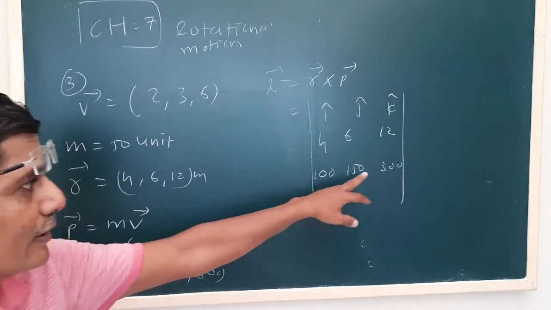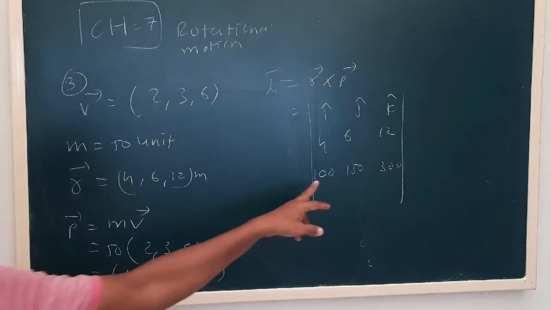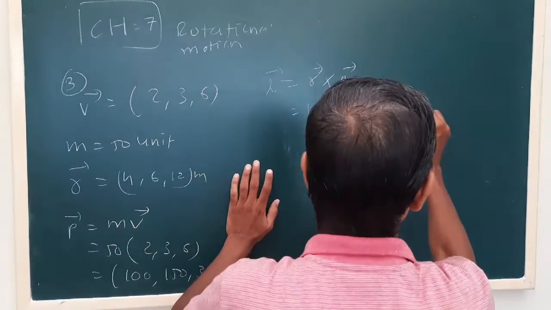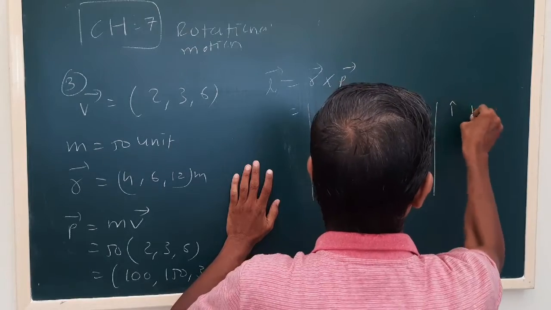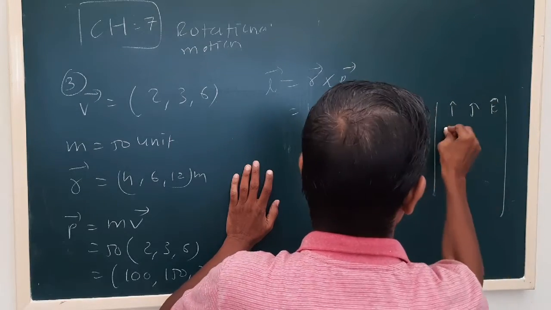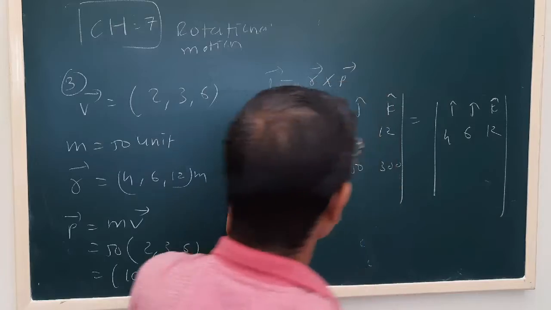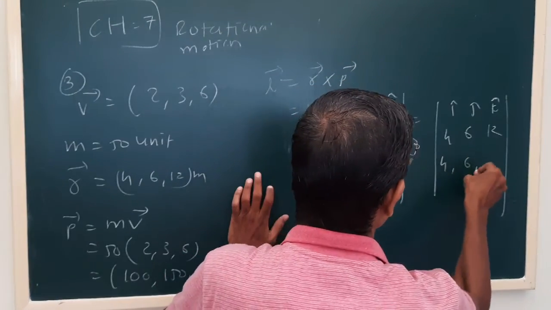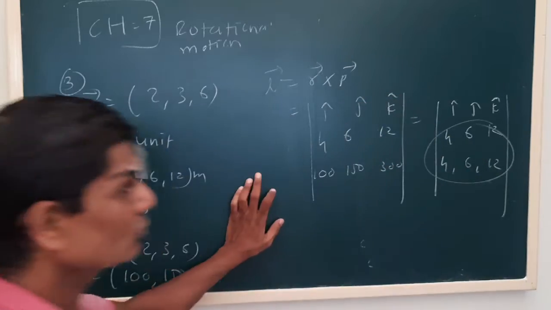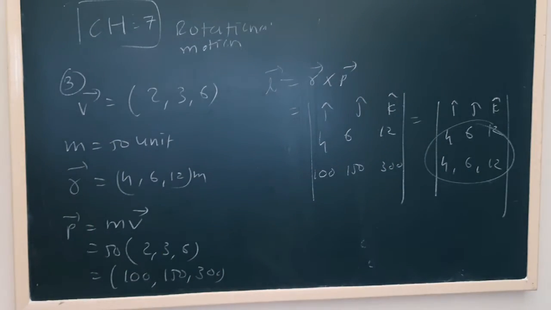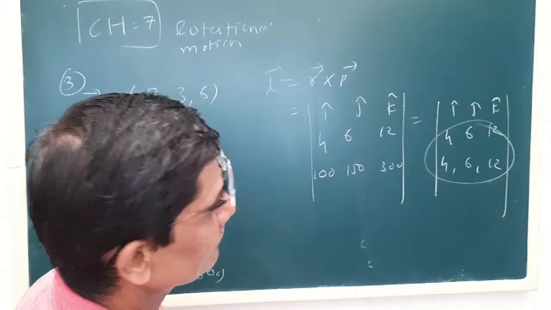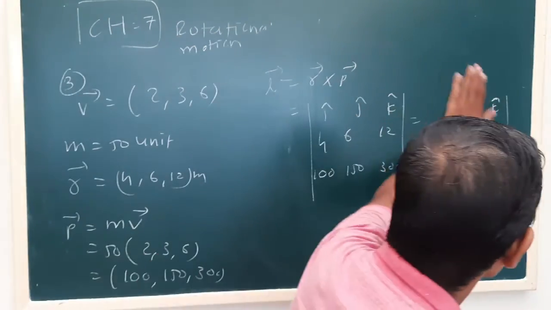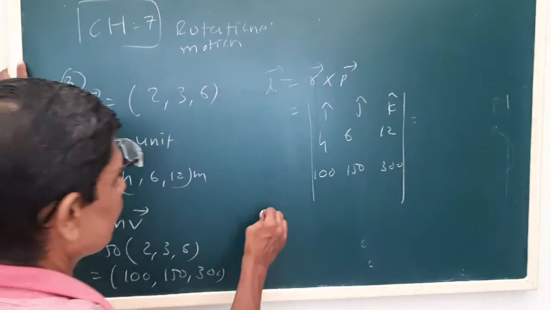Now see here, if I take 25 common, it will be 4, 6 and 12 only. When two rows of our determinant are equal, then the angular momentum is 0. Its value is 0. You can also solve by the property of the vector product.